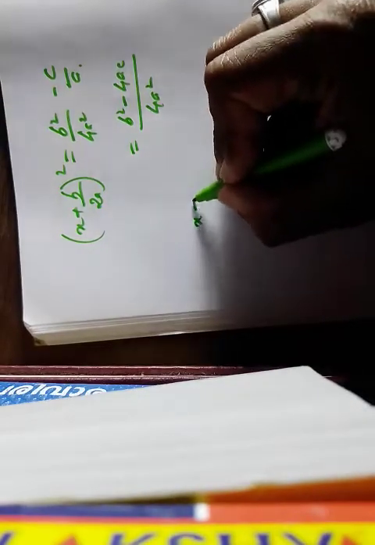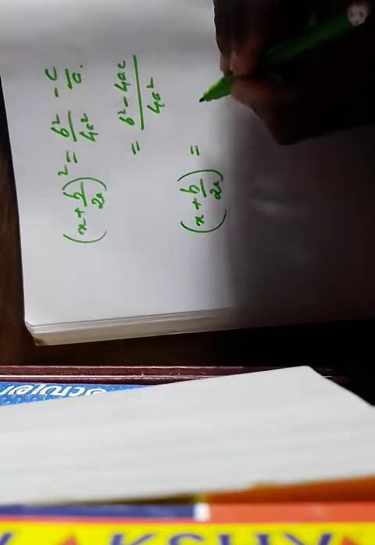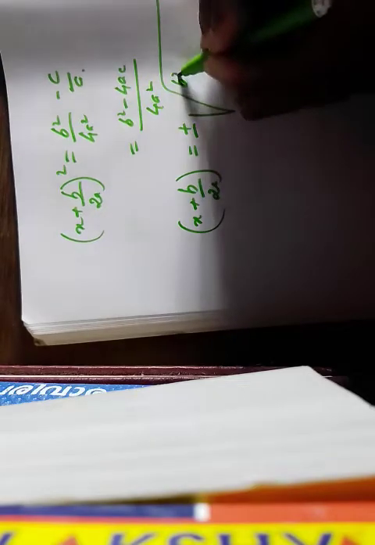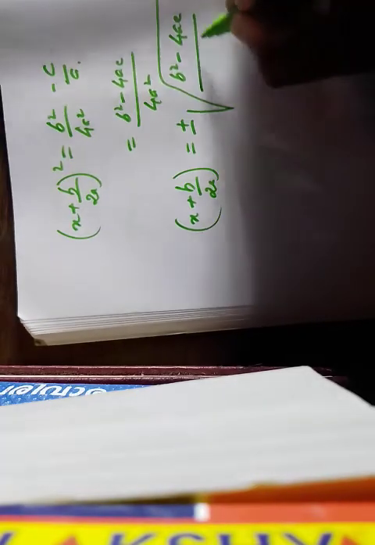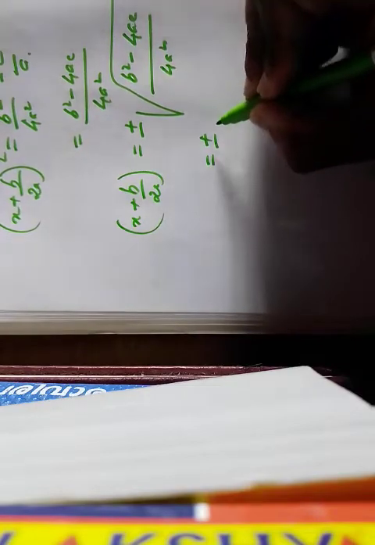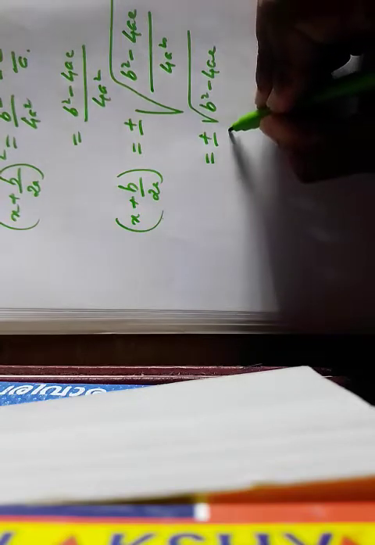Therefore x plus b by 2a is equal to plus or minus under the root of b square minus 4ac by 4a square, which is equal to plus or minus under the root of b square minus 4ac divided by 2 into a.